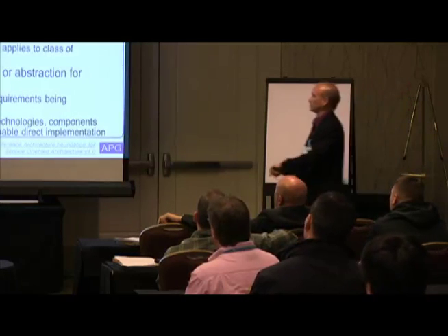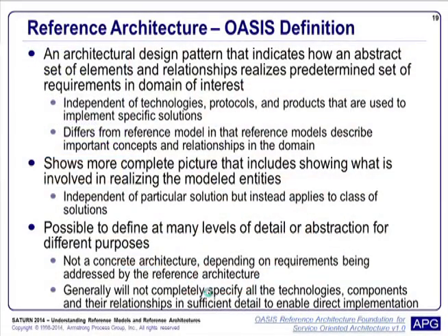So now let's talk a little bit about reference architecture. OASIS has a pretty detailed description of this. It comes up with what I think a lot of people really think of as reference architecture, a collection of design patterns, often not a single design pattern, but really a pattern language. Again, this should be independent of technologies.